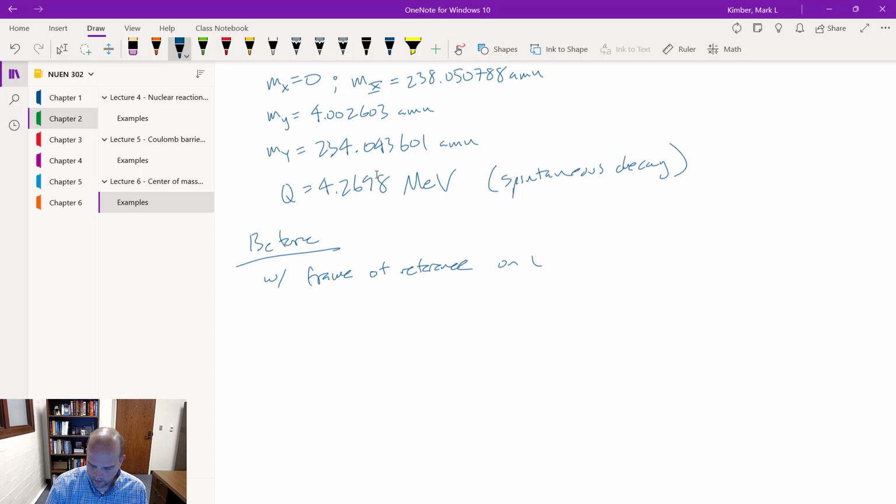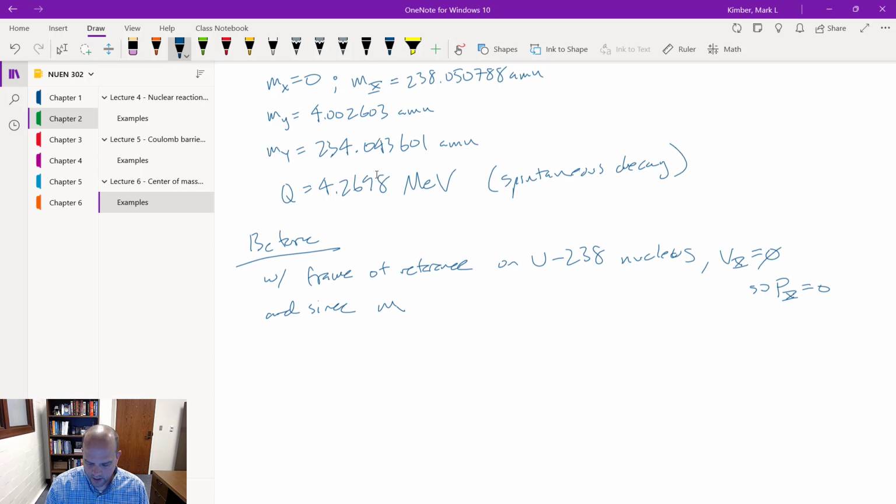So with our origin on that nucleus, the velocity of that nucleus is going to be 0, and so the momentum of that large particle is also going to be 0. If I have no velocity, I have no momentum.